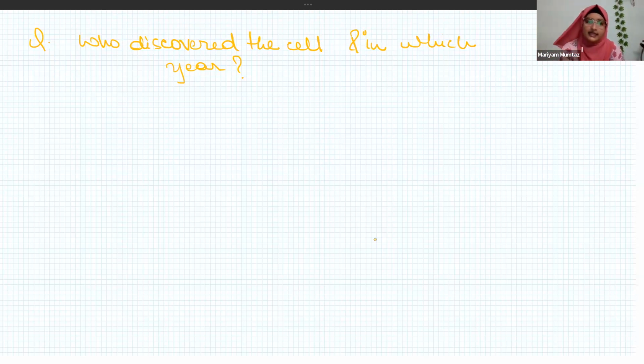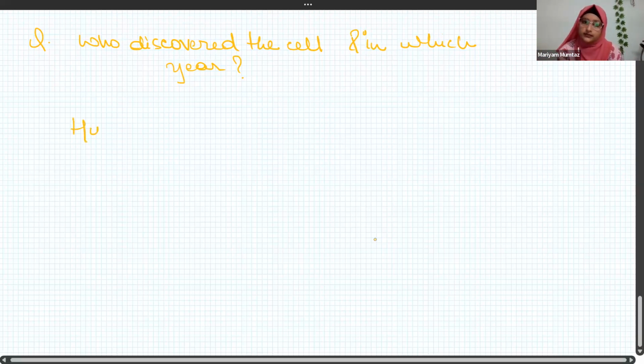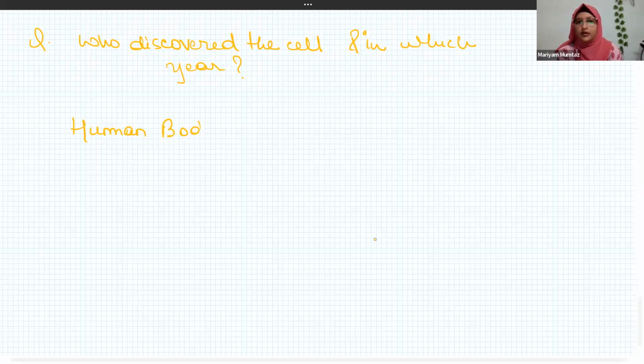Okay, let us take an example of the human body. Do you know what is the function of our heart? To pump blood across the whole body. So the heart pumps blood.